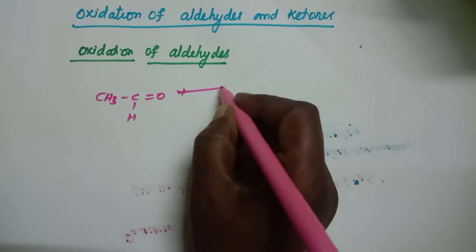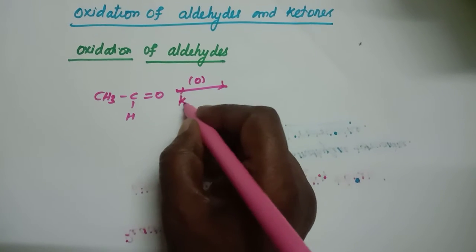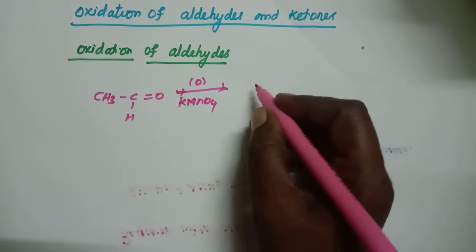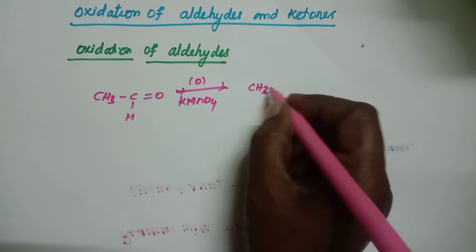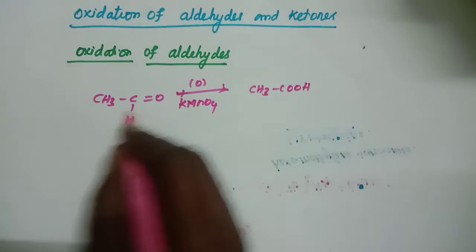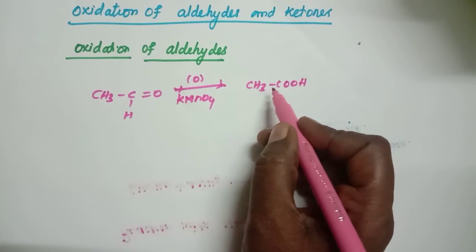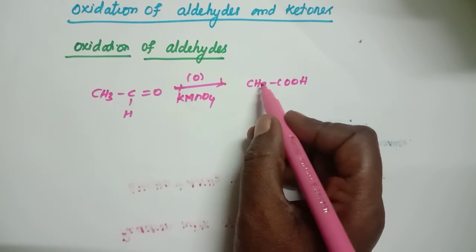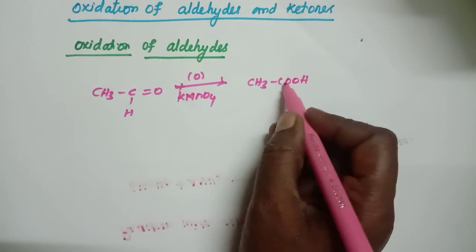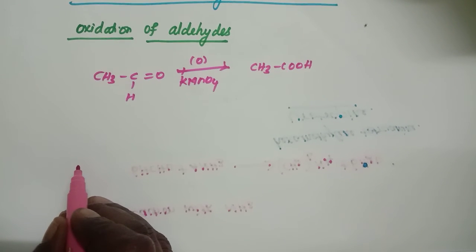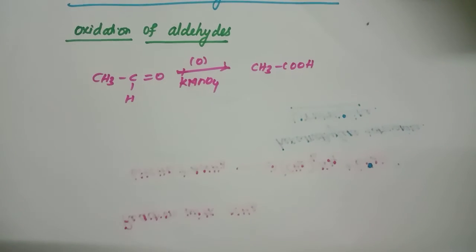When it undergoes oxidation in the presence of KMnO4, an oxidizing agent, it gives acetic acid, CH3COOH. So aldehydes undergo oxidation and give carboxylic acids containing the same number of carbon atoms. Next one is oxidation of ketone.